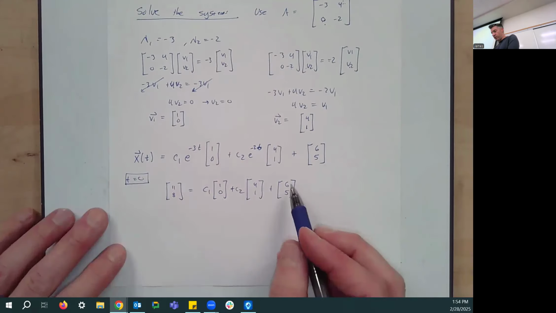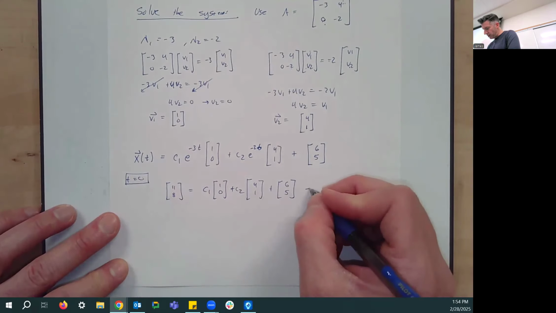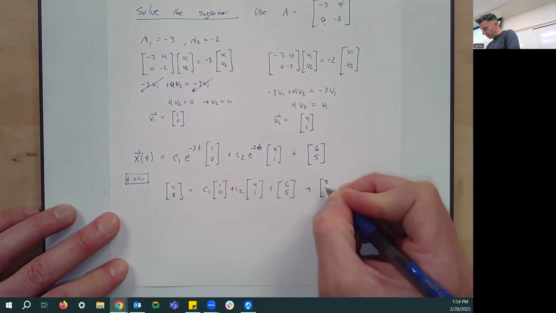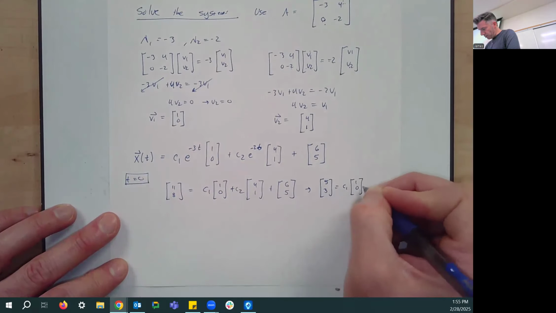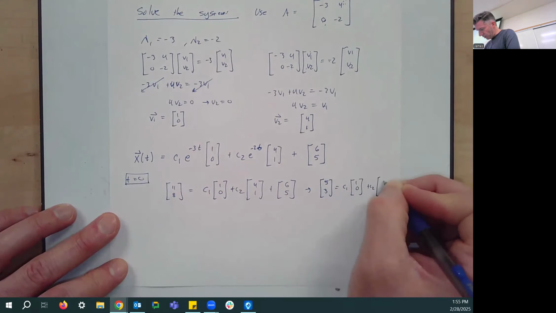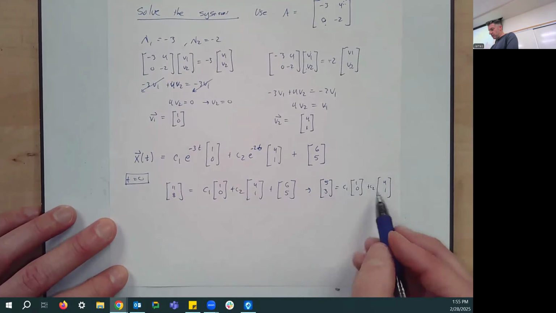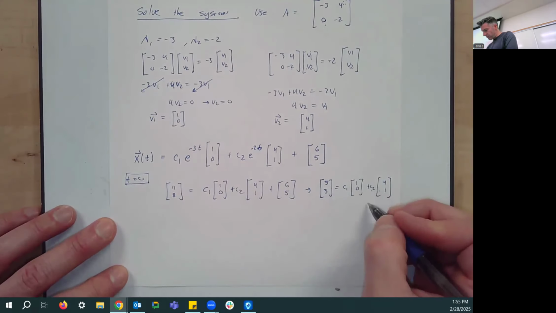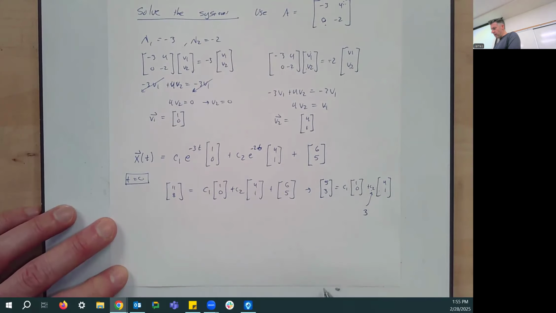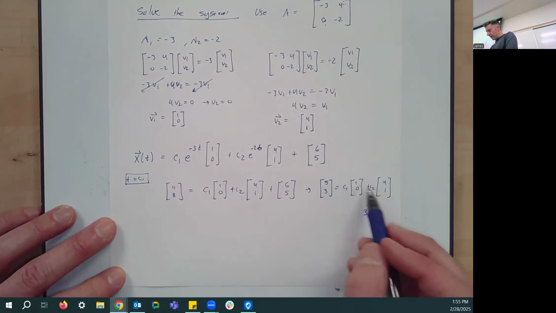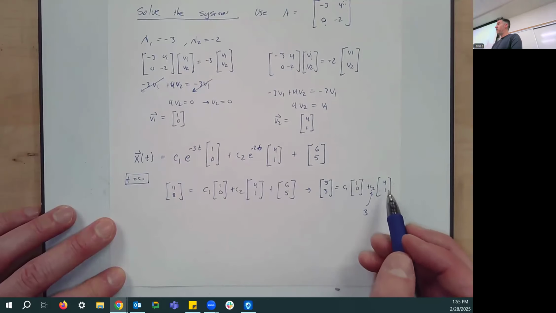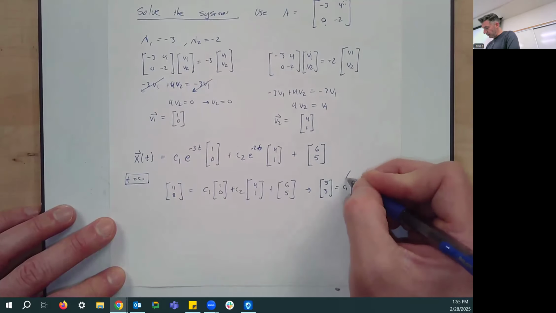In fact, if you want to, you can just subtract 6, 5 and say, okay, great. That means 5, 3 is equal to C1 times 1, 0 plus C2 times 4, 1. That means that C2 is going to have to be 3. And then C1, well, it's going to be 5 minus 3 times 4. 5 minus 12 is -7. C1 is going to have to be -7.